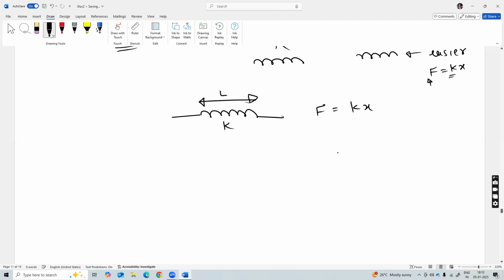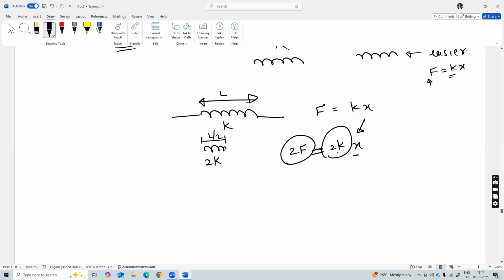However, if you cut the spring into half, its length becomes L by 2, and we know the spring constant will become 2K. So to compress it again by x, you will have to apply force equal to 2F, because the spring constant became 2K. You need to apply force 2F to compress it by the same length.